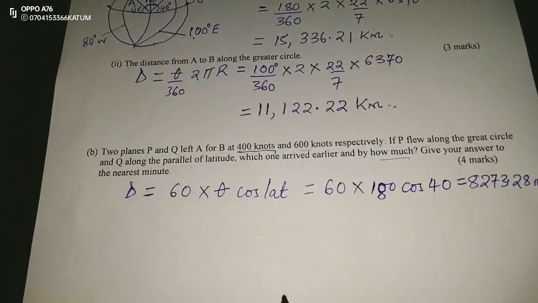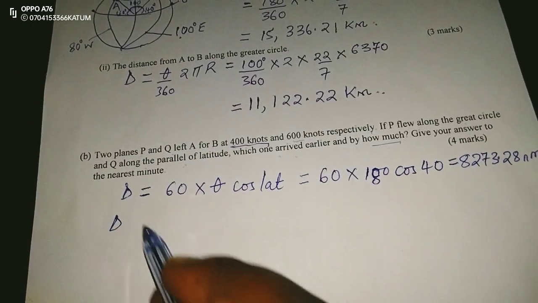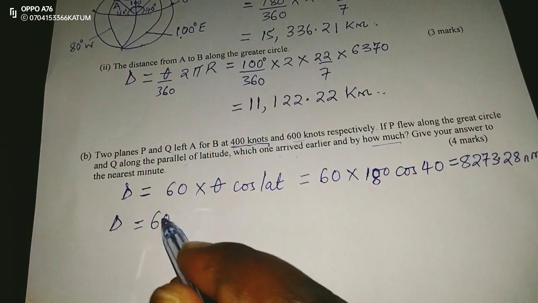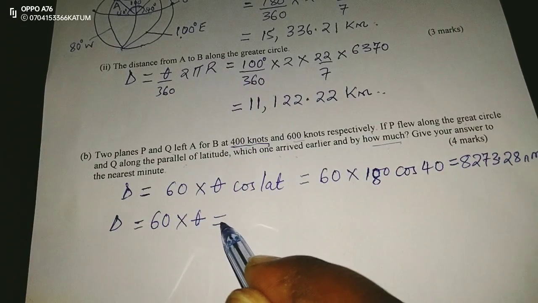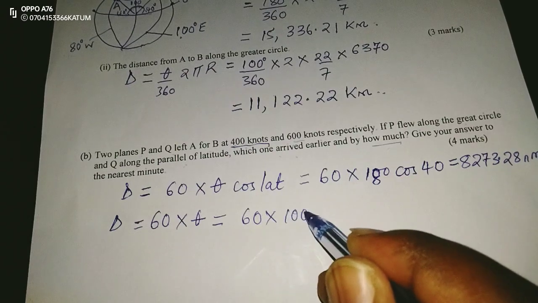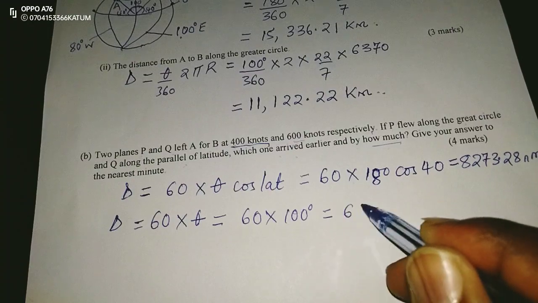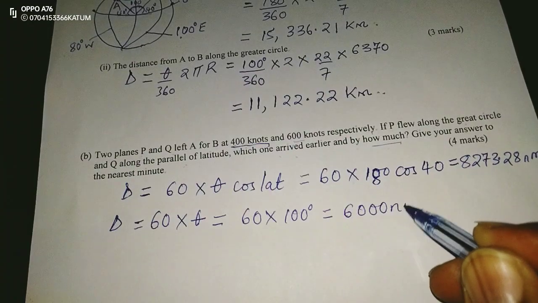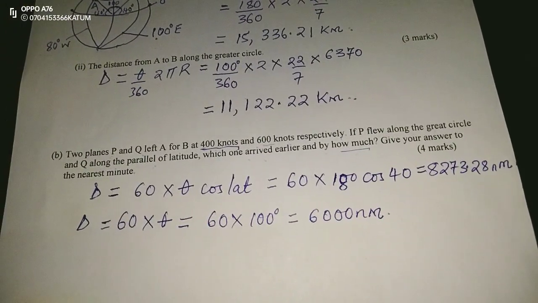Again, distance along the great circle is given by 60 times theta, in nautical miles. So we're going to have 60 times 100 along the great circle. Remember, the angle difference is 100. So 6,000 nautical miles.